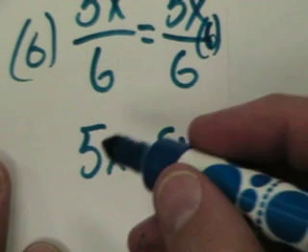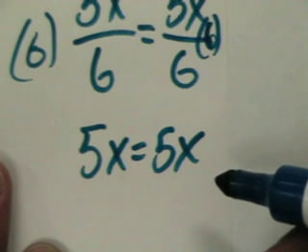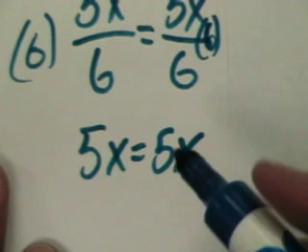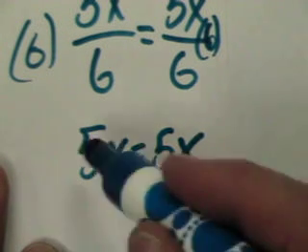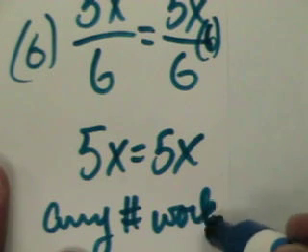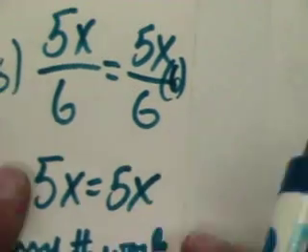And I realize that any number I put in there is going to give me the same number. So any number works for x. And that is, I believe, the end of this standard.